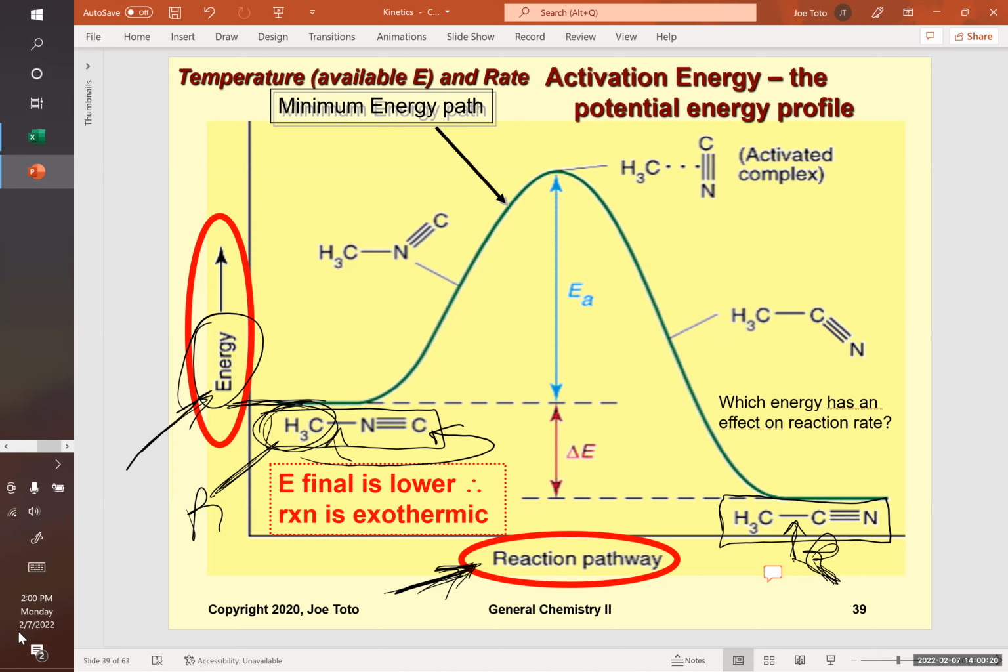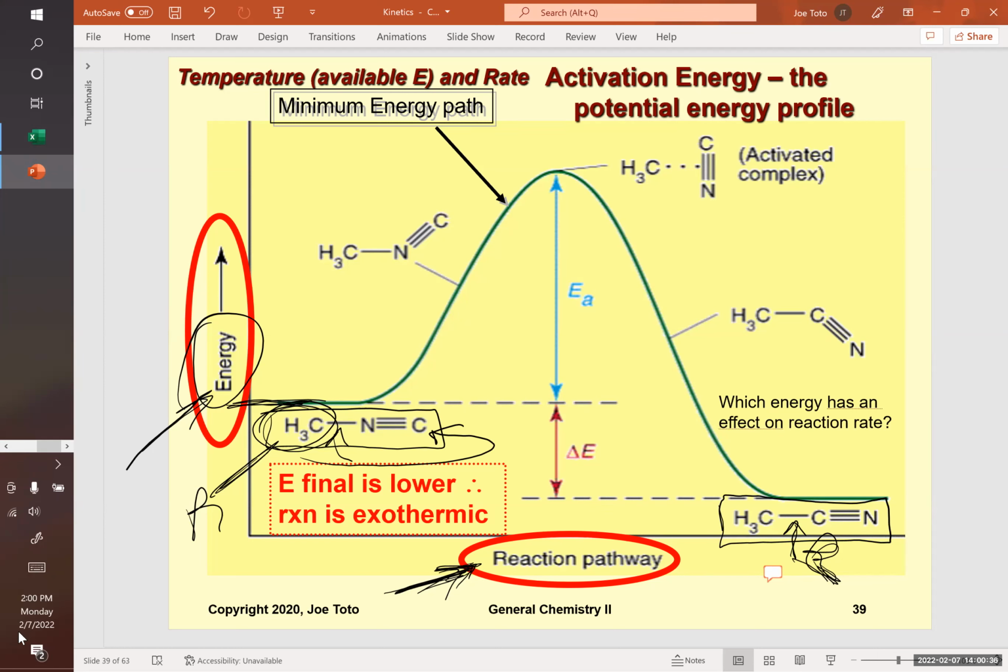Another way to get at this initial energy is to use quantum mechanics and first principles to calculate all the interactions involved in that molecule and so forth. So there are different ways to calculate these energies.